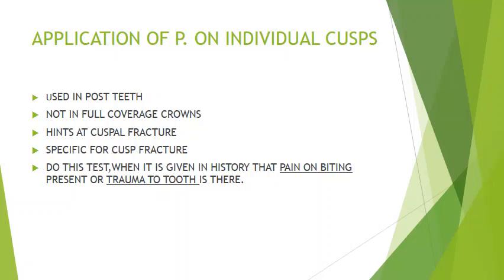In case of parafunctional habits such as bruxism, you also tend to use this test, because the history might indicate that bruxism is present, or the patient has a habit of grinding his teeth, and it is given that there is pain on biting or trauma present. So you can always choose this option.